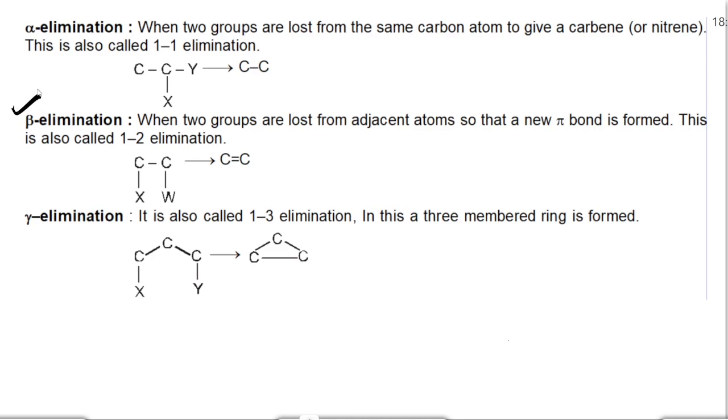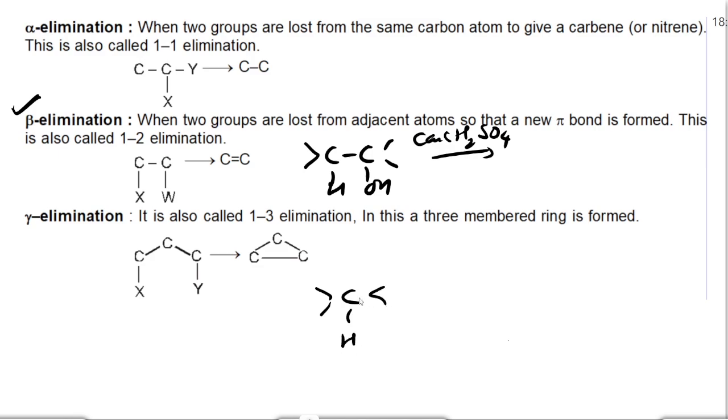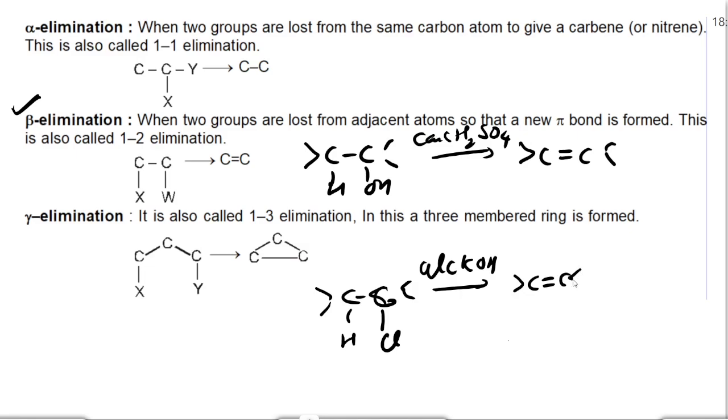So all the reactions, even in the presence of concentrated H2SO4, or if we have H and Cl in the presence of alcoholic KOH, we get alkene. So these are beta elimination reactions.